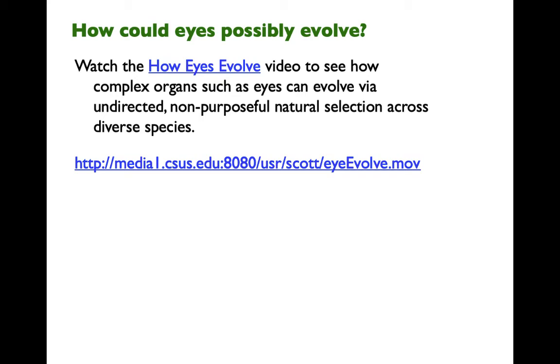How could eyes possibly evolve, though, without an intelligent designer? Watch the How Eyes Evolve video to see how complex organs, such as eyes, can evolve via undirected, non-purposeful, natural selection across diverse species. That's the URL, just in case what I give you in Canvas does not link directly to campus servers. Here are relevant details about contemporary evolutionary theory.